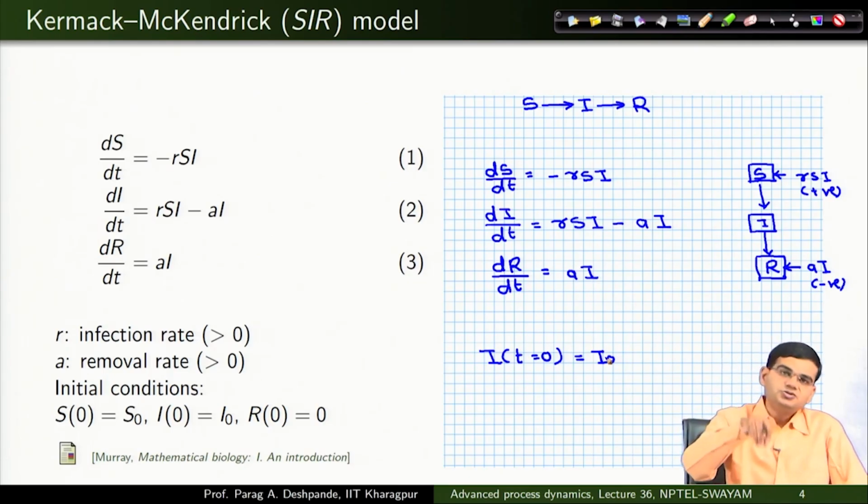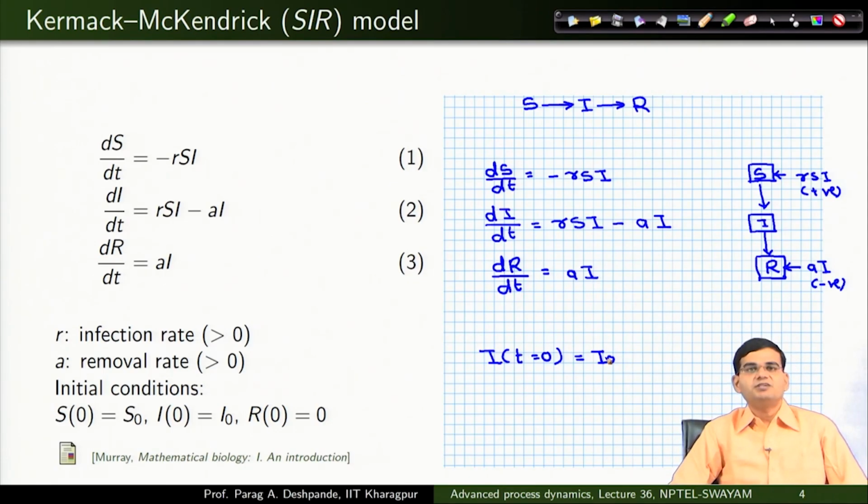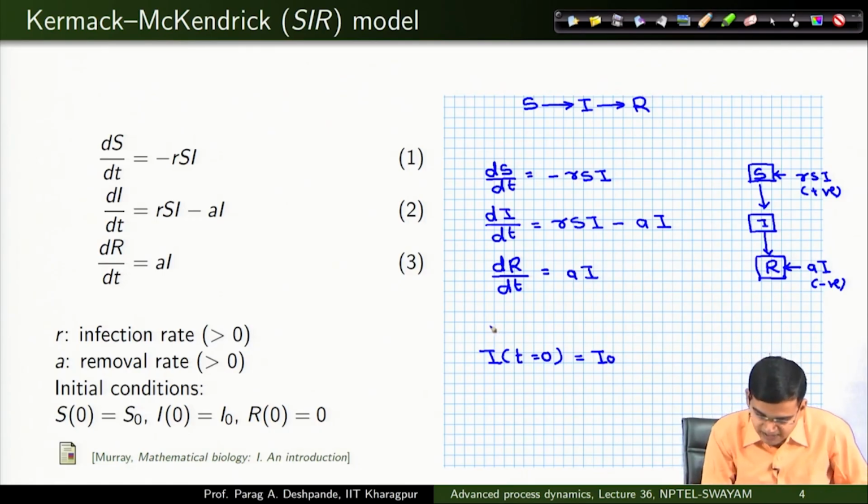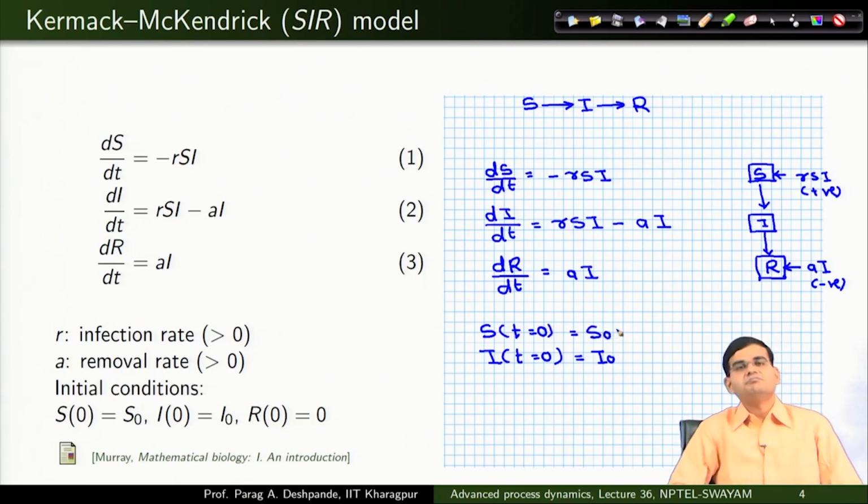Now, the moment you introduce the infected members to the population, the rest of the population becomes susceptible, assuming a well mixed population. You may not consider some members of the population based upon other criteria, but otherwise the rest of the population is now susceptible. So, S at t equal to 0 will become S 0, some natural number, and I also some natural number.